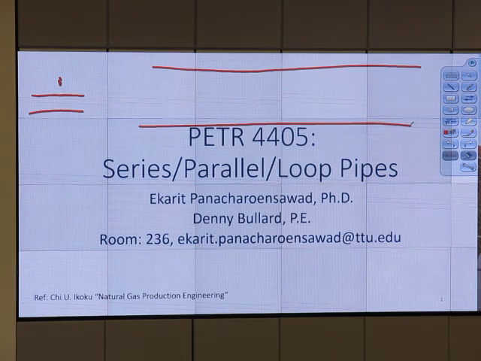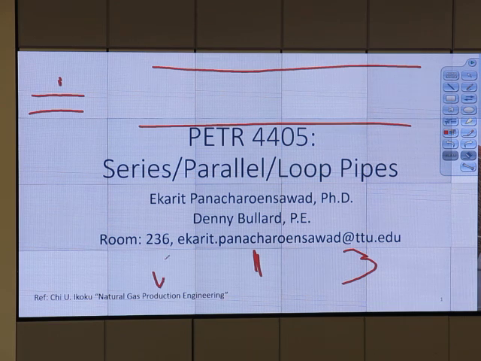For a 1-inch ID pipe, let's say 100 feet. Okay, we have gas flow. We may have a certain pressure drop. That's pipe A. For pipe B, let me have 3 inch. So 1 and 3.